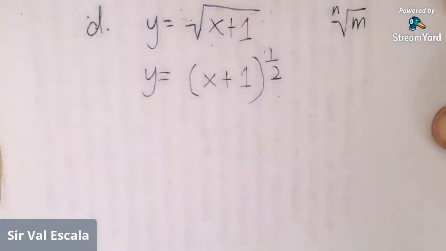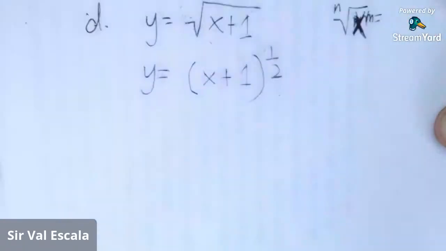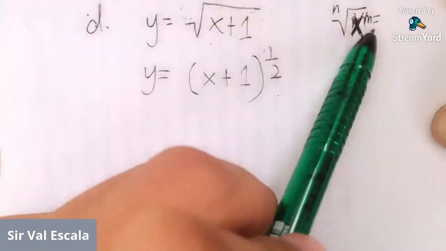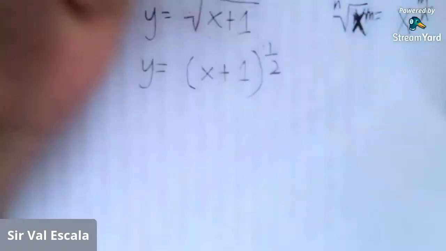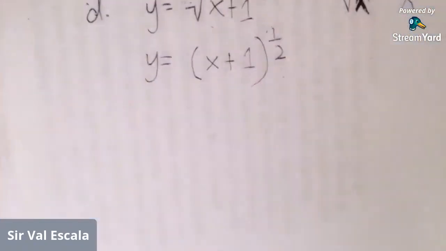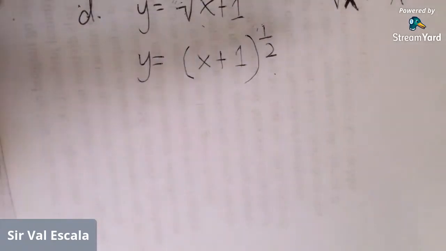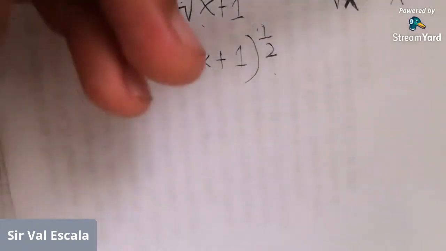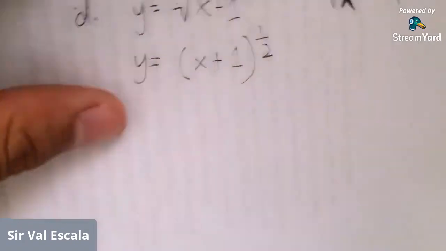Tama? Okay. Pwede natin siyang i-transfer as ganito. X pala dito. X, tapos m dito sa taas. Okay? So, dahil wala naman tayong exponent na m dito, pwede siyang i-transfer as ganito. X, m over n. Yan ha. The nth root of x to the m power, so, equals x to the power of m over n.